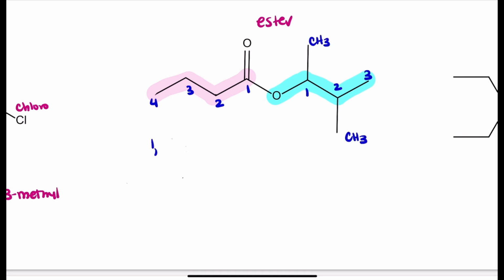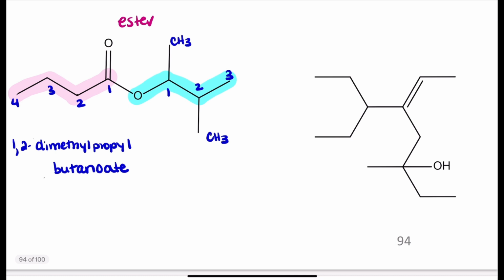So I have 1, 2 dimethyl propyl. And then I have a but, so butanoate. Instead of butanoic acid, I changed the oic acid to oate. So butanoate for the rest of the compound.